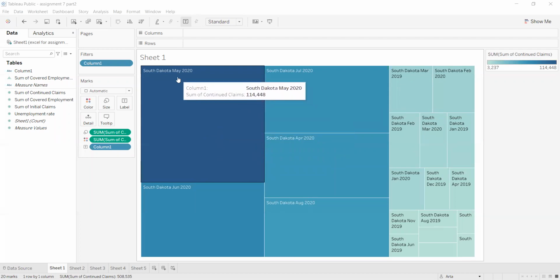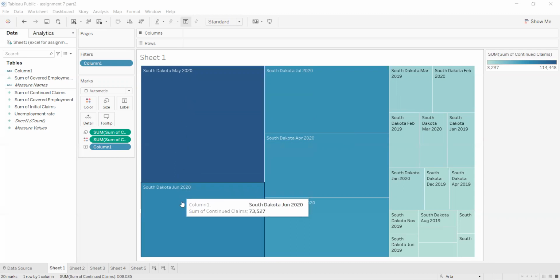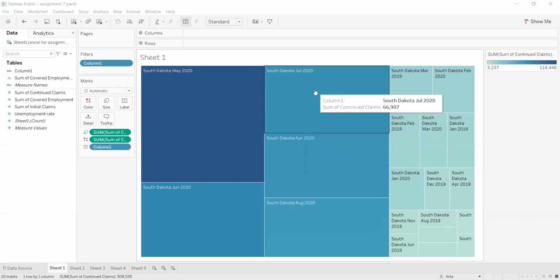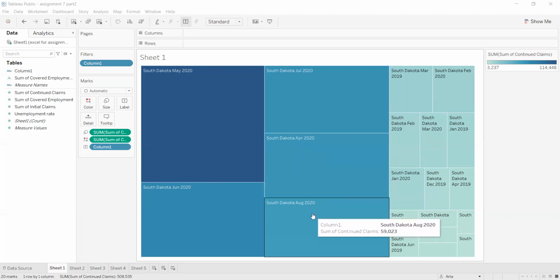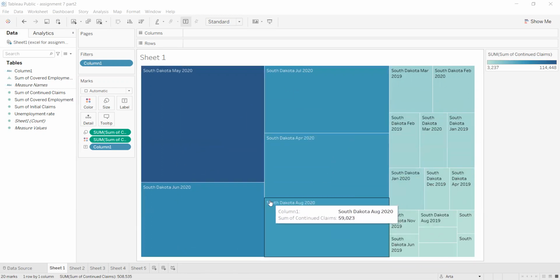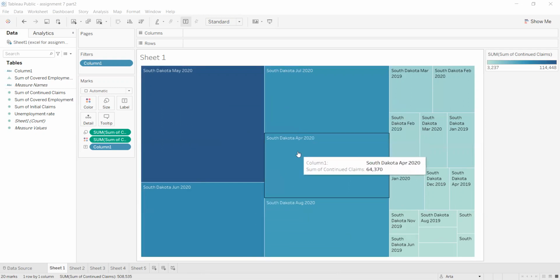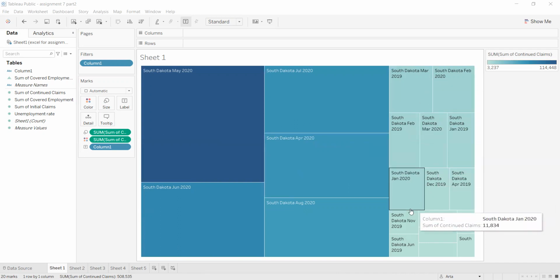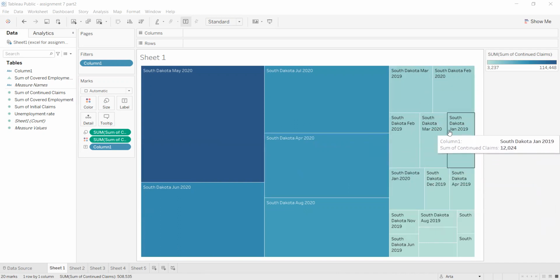As you see, in May 2020 we had the most continued claims, and the other months like June, July, April, and August also had the most continued claims for unemployment in South Dakota, and maybe because of the pandemic, we had more continued claims than the other months in 2019.